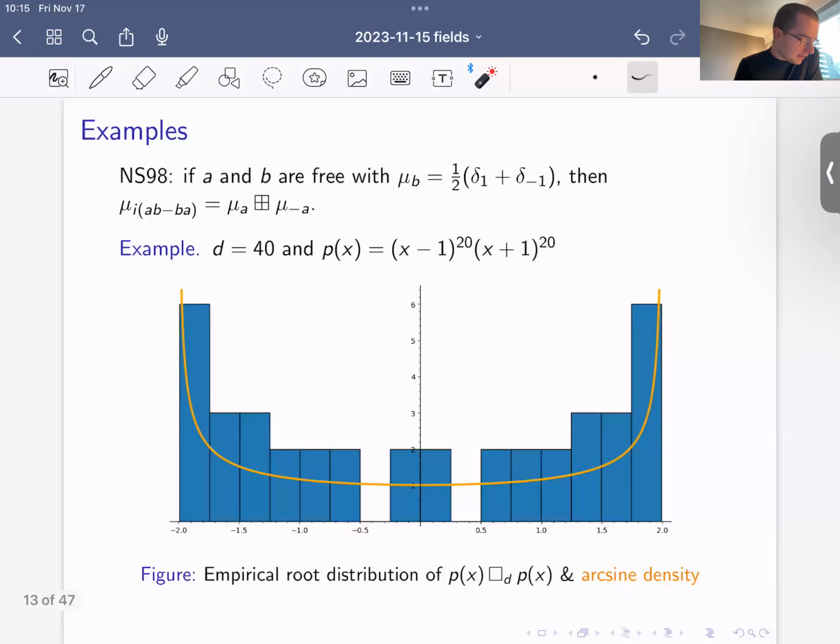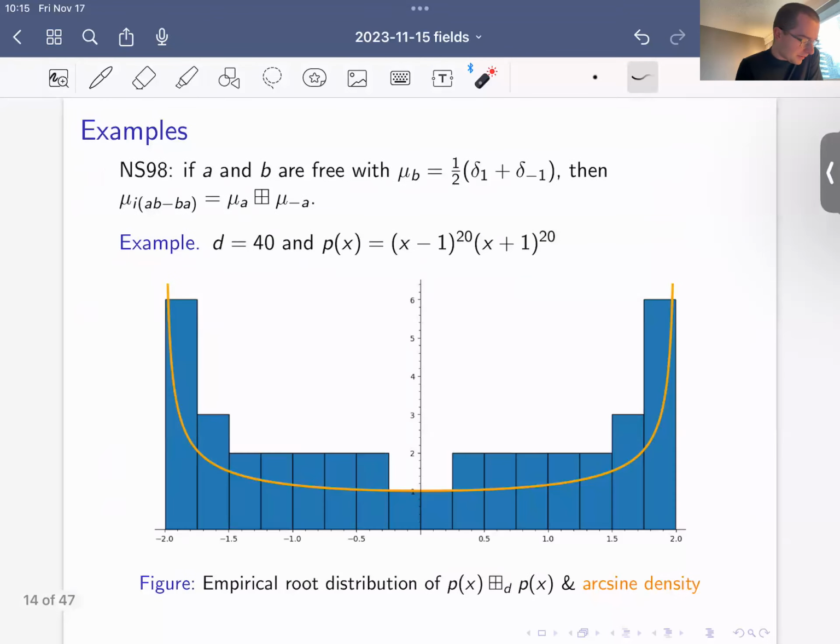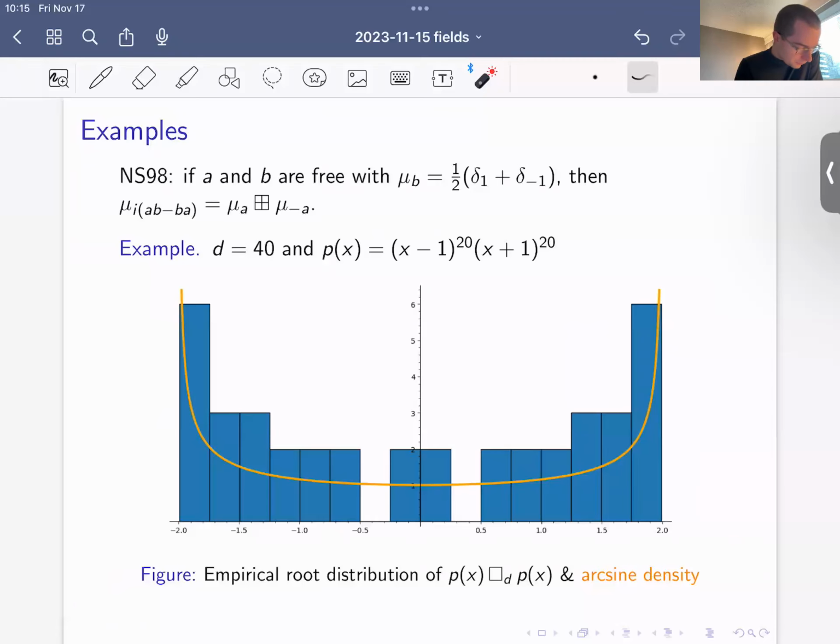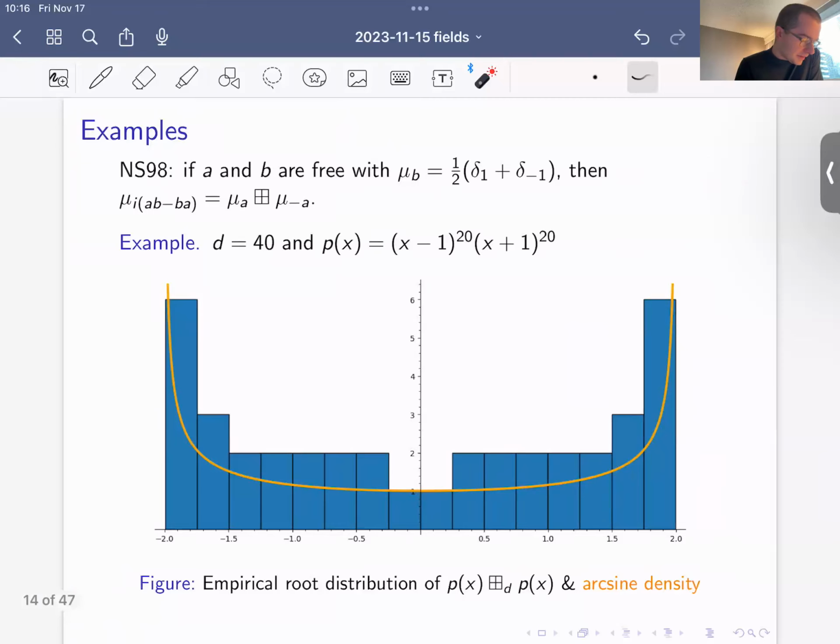Maybe in the middle there's a little bit of a difference, but overall it's still very close to the arcsine distribution. And so this is exactly what you would expect if you want finite free probability to converge to free probability. And so this example, I think, illustrates that it's on the right track.